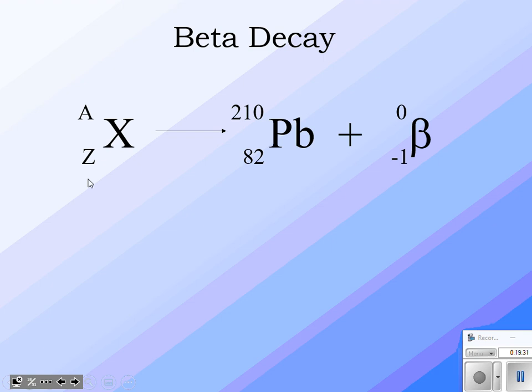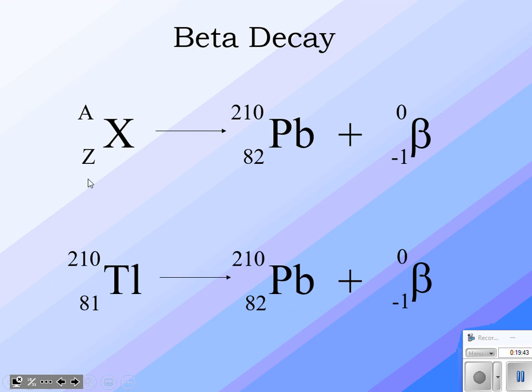What's element number 81? Thallium. What's my A going to be? 210. So I have thallium 210, 81 as my unstable one. It undergoes beta decay to form a more stable lead element. And there's my beta particle that is being released.